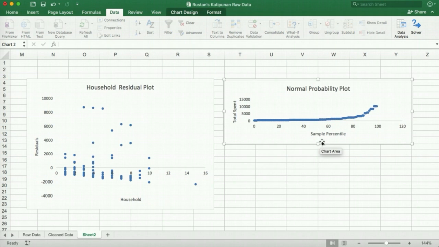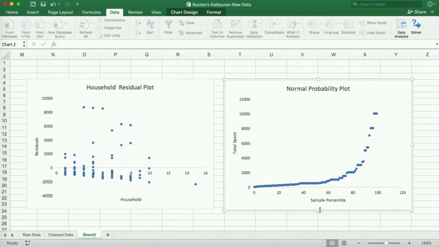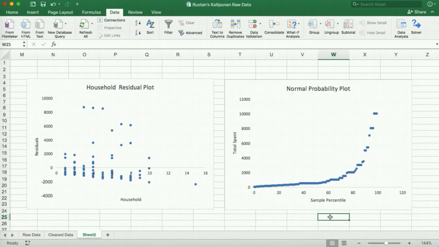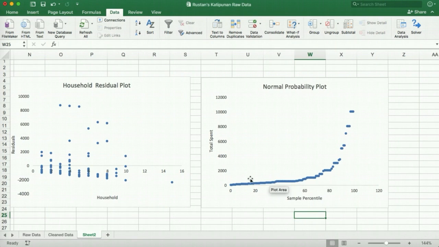And now if you look at the normal probability plot, again, the goal here is to see if the normal probability plot more or less follows a straight line. And if it follows a straight line, we can say that the normality assumption is satisfied. Now, if you look closely at this normal probability plot, it shows us a more curved plot.